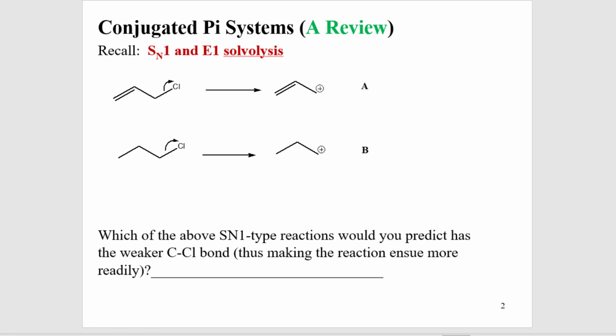Conjugated pi systems is just a definition of the relationship when you have resonance. Let me use it in a sentence so you can get an idea. These two pi bonds are conjugated.